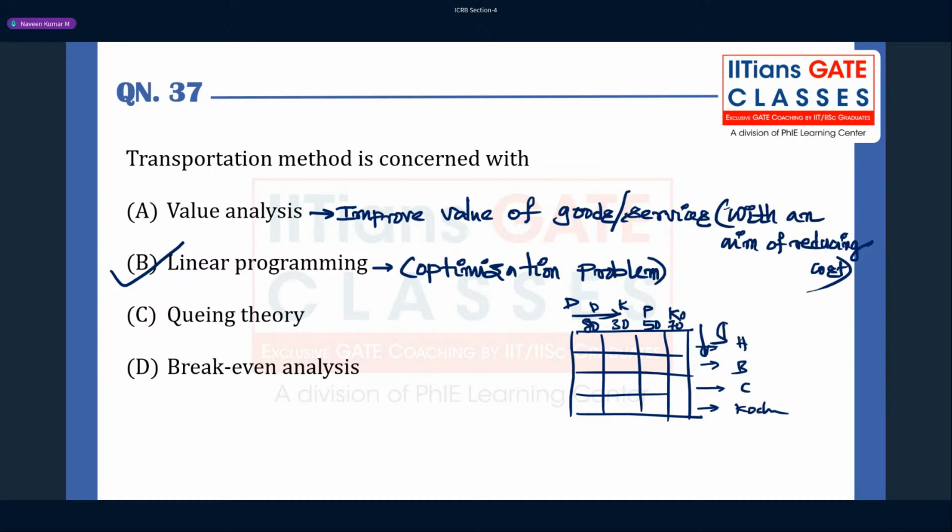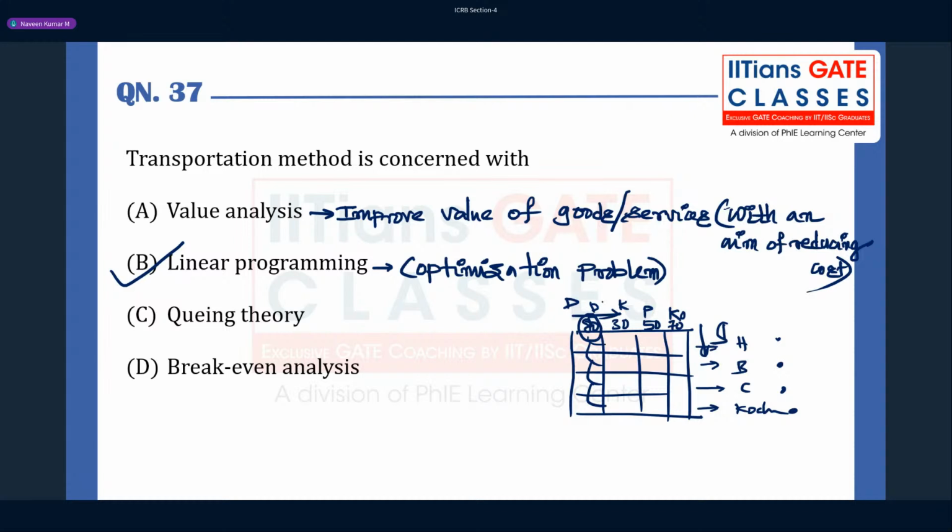So Hyderabad requires some number of items, Bangalore requires some number of items, Kochi will require some. So now which item has to go from where to where? Delhi can give items to Hyderabad, Bangalore, Chennai, Kochi also. But how many? It will be based on the transportation cost, because reaching from Delhi to Hyderabad will be of different cost, reaching from Kanpur to Hyderabad will be of different cost.